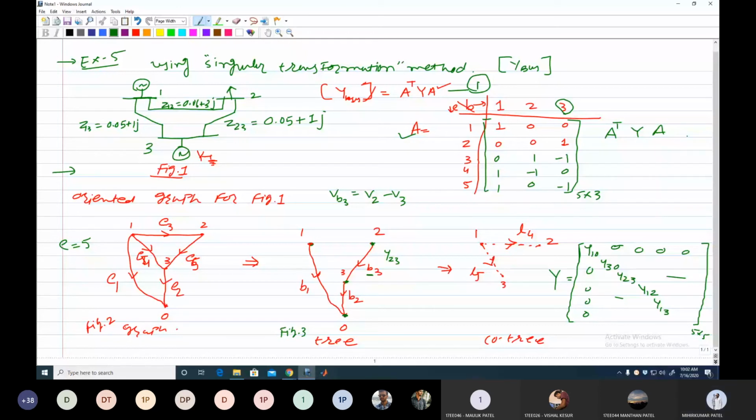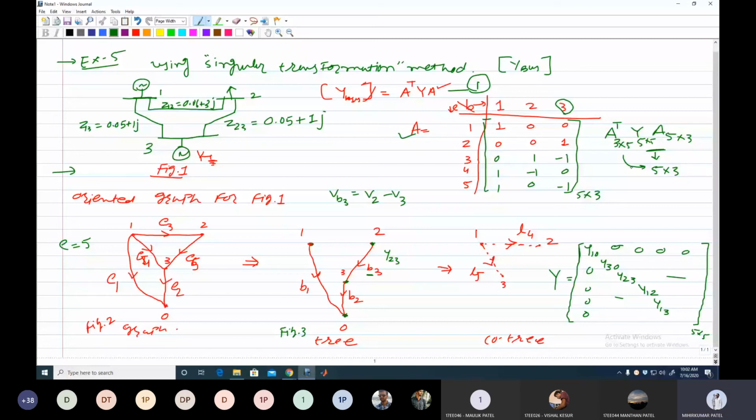Then it is going to multiply with the matrix Y, which is of order 5 cross 5. So the multiplication will give the order of 5 cross 3. Here the order of A transpose is 3 cross 5. So the multiplication of these both will give the final answer of 3 cross 3.